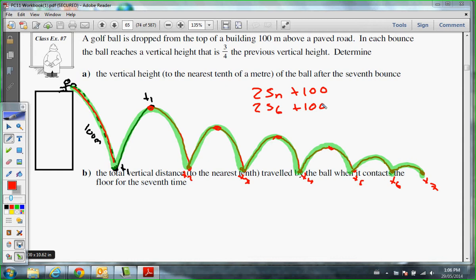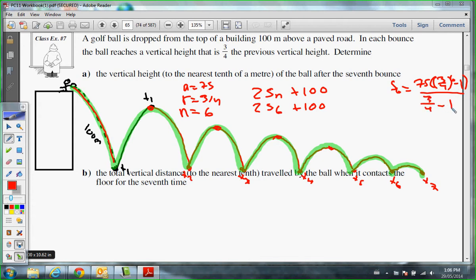So S sub 6, I'm going to go to my formula. We do have everything. We know A is 75, we know R is 3/4 or 0.75, and we know N is 6. So for S sub 6, the formula gives me 75 times 3/4 to the 6th minus 1, all over 3/4 minus 1.